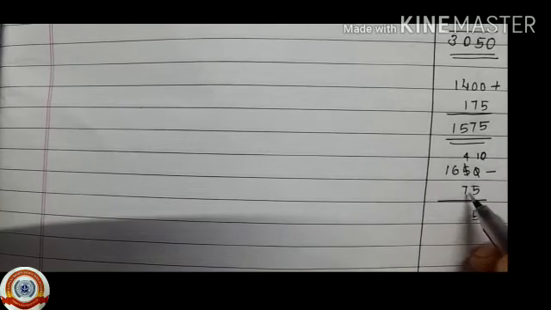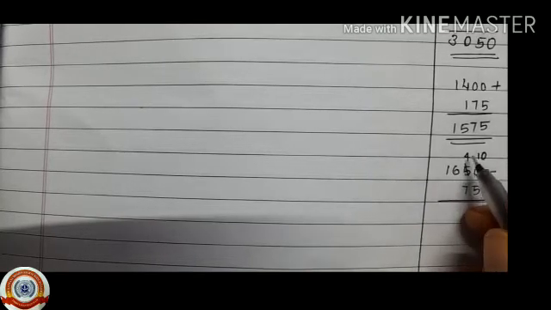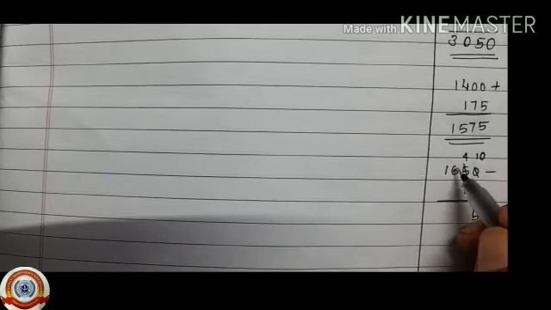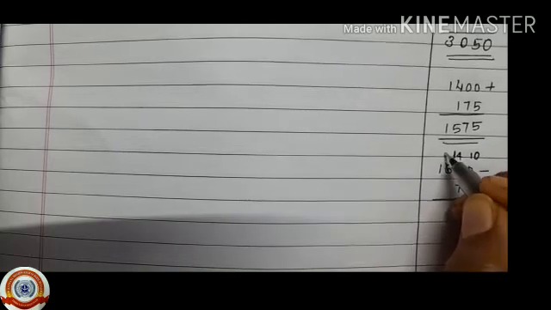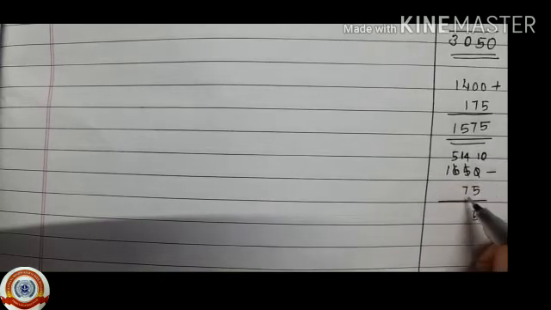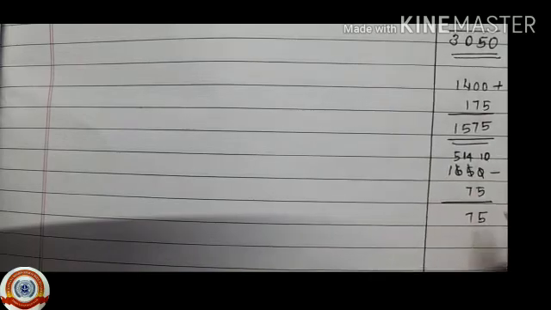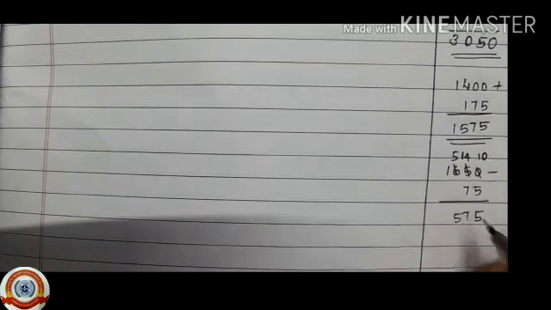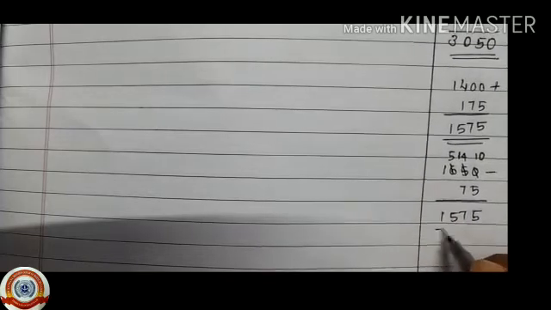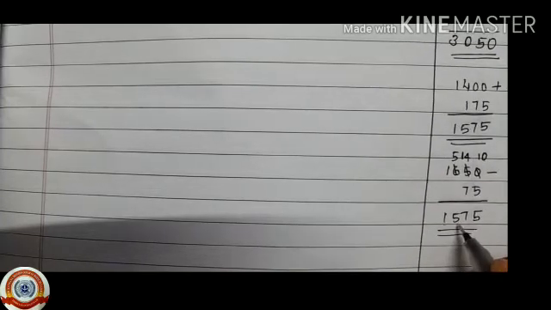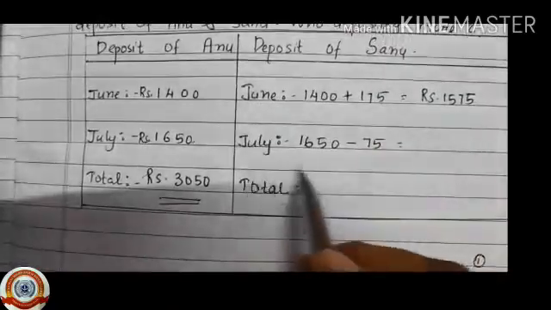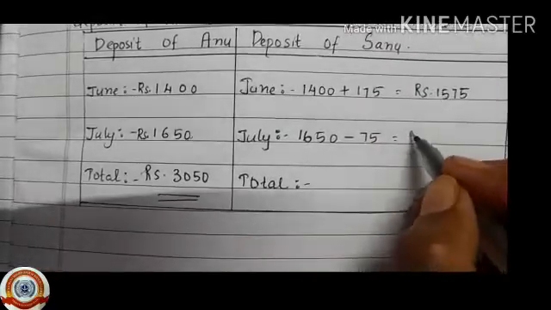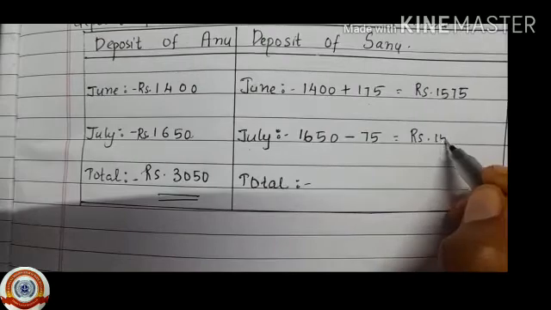Can we subtract 7 from 4? No. So, we have to borrow 1 from 6. So, 4 becomes 14 and 6 becomes 5. 14 minus 7, 7. And 5 here and 1 is here. 1575. So, the deposit of Sanu in the month of July was 1575 rupees.